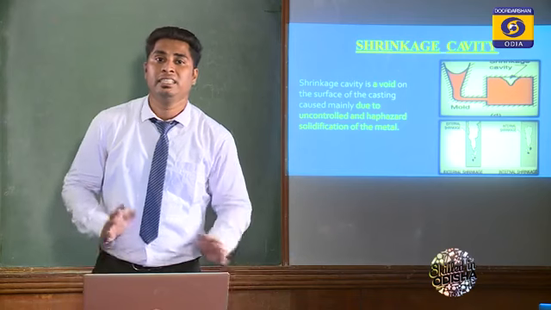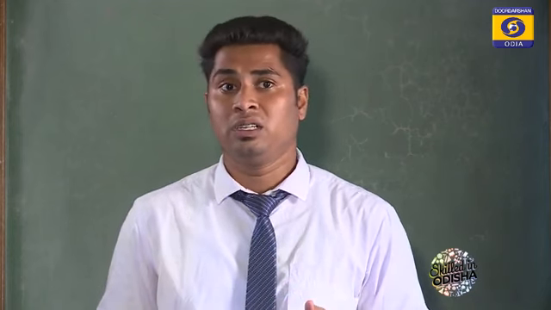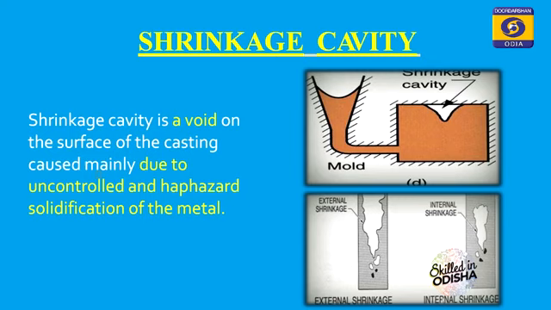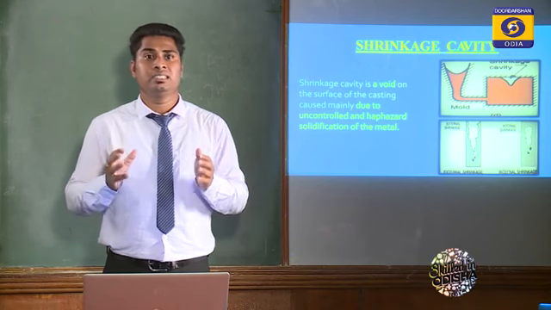Next is shrinkage cavity. A shrinkage cavity is one kind of void, which is formed due to the uncontrolled way of solidification. During solidification of the liquid molten metal, if it is not done in a uniform, controlled way, then there is a chance of this defect.